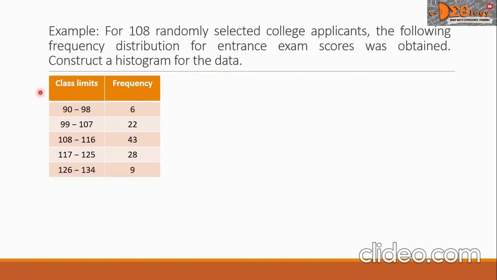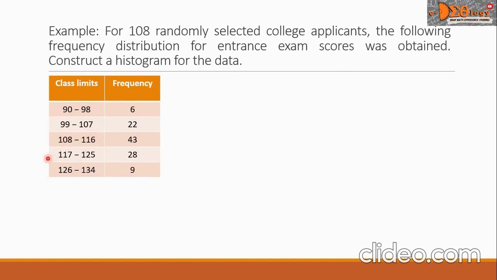We have a table here with 2 columns. The first column is for class limits or class intervals. We have 1, 2, 3, 4, 5 groups. The first class interval is from 90 to 98. The second class interval is from 99 to 107. The third is from 108 to 116.